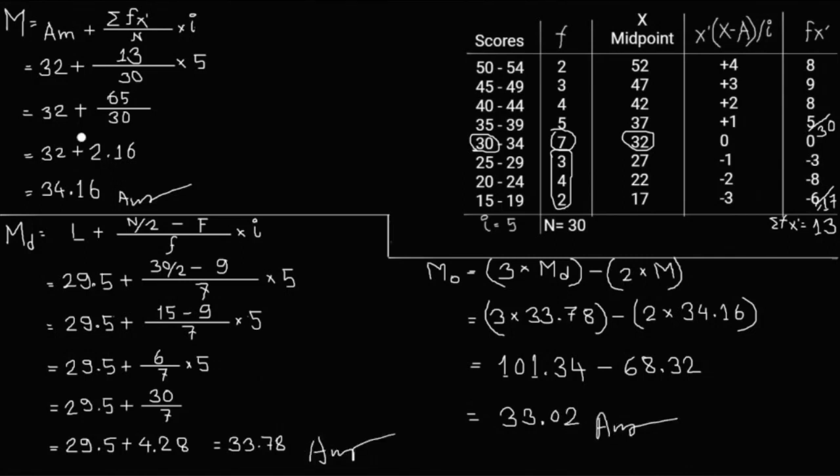Okay, so here is the answer: mean is 34.16, median is 33.78, and mode is 33.02.